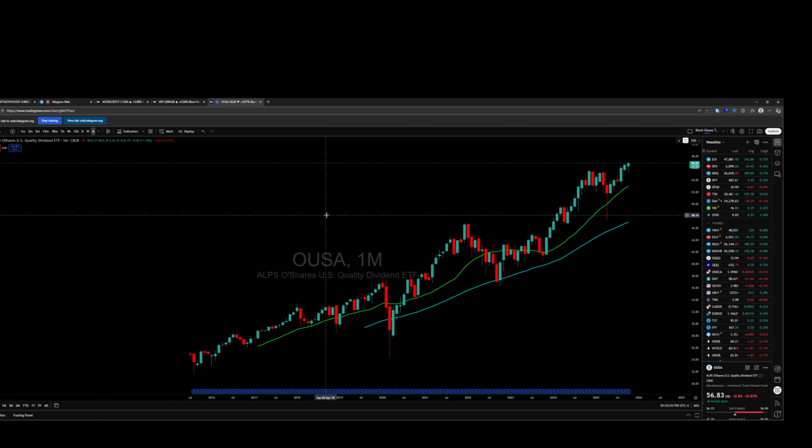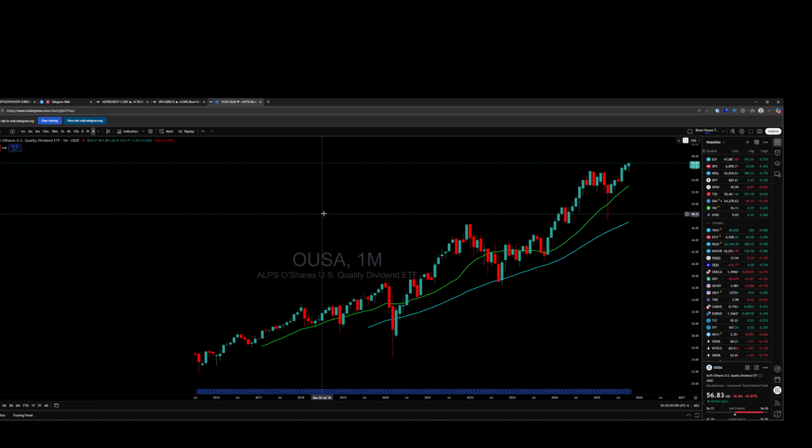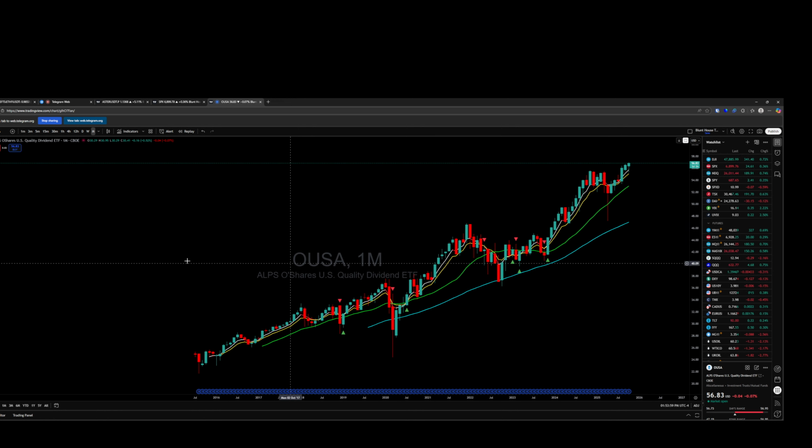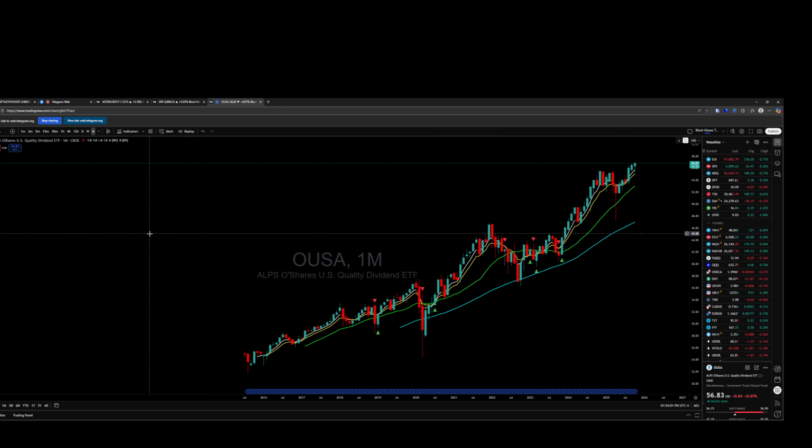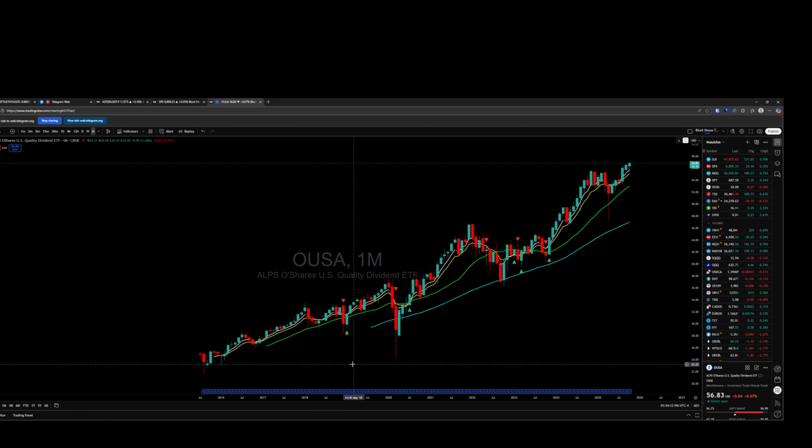That's actually a very bullish chart. It's done everything. When we talk about how price moves and how these breakouts look, this is as textbook as you're going to get, and this is a monthly.